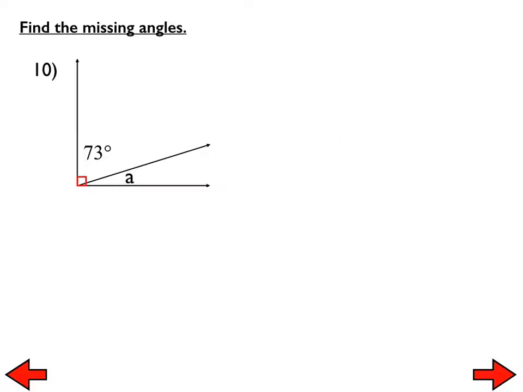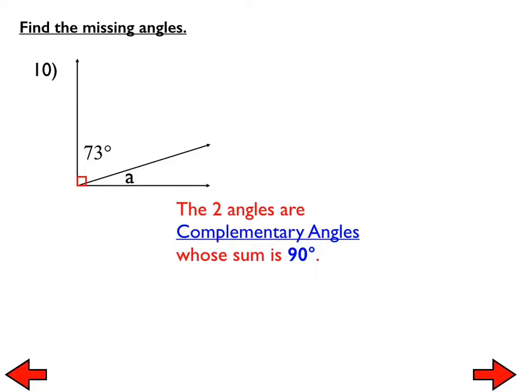Go ahead and do number 10 and 11 on your own. Tell me the relationship and what the missing angle is. What relationship does number 10 have? Good, they're complementary. And the measure of angle A is? 17 degrees.